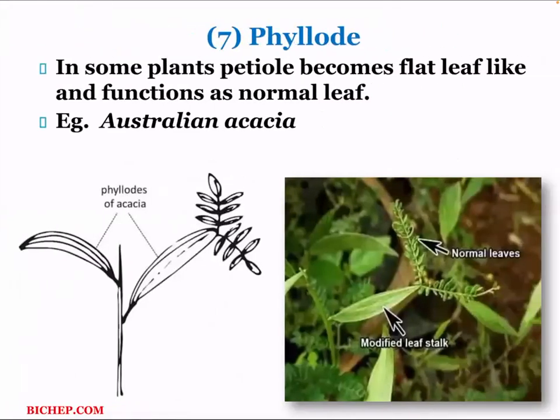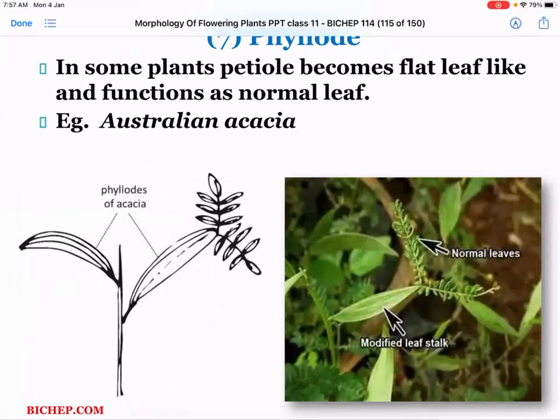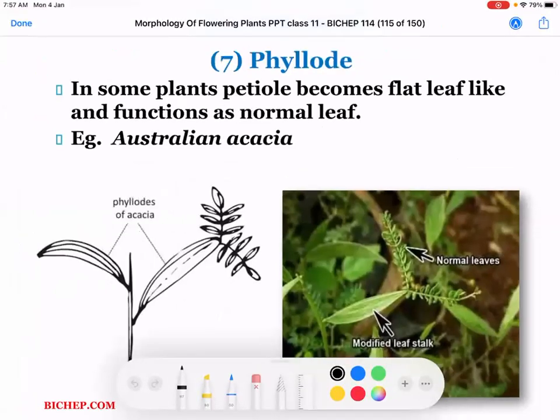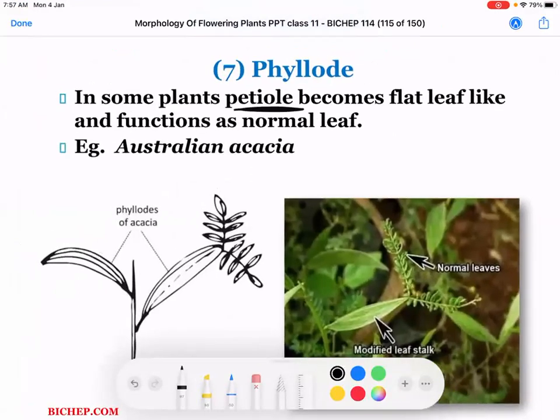Now comes phyllode. In some plants, the petiole becomes very uncommon. The petiole becomes flat and leaf-like and functions as a normal leaf.